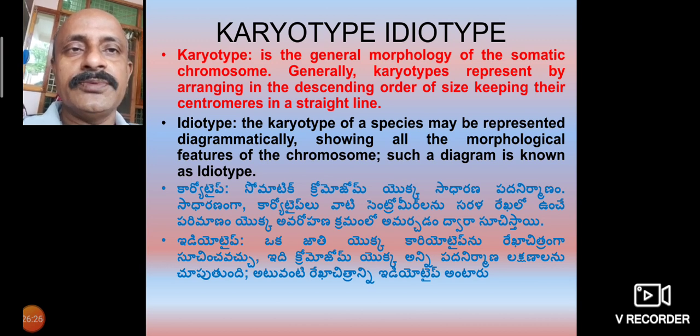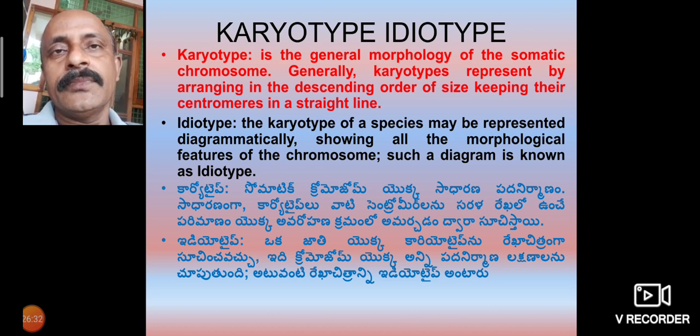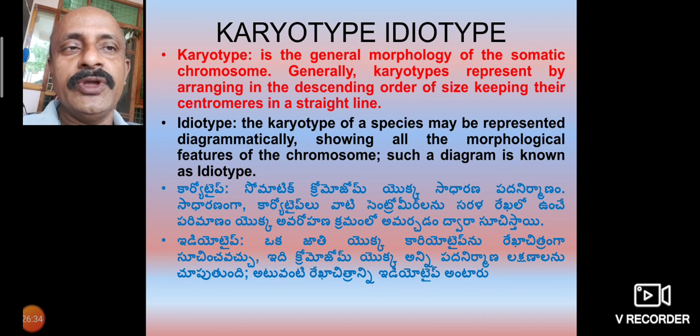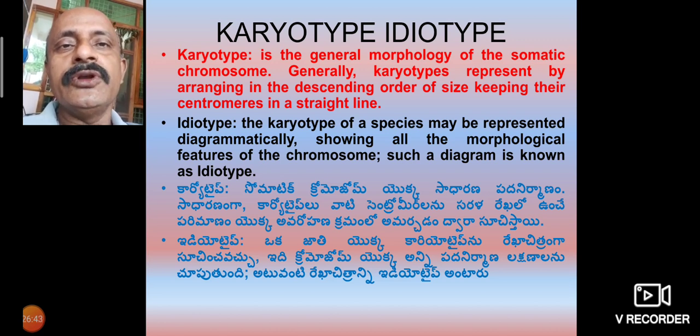But an idiotype means the karyotype of a species may be represented diagrammatically, pictorially, showing all the morphological features of the chromosomes. Such a diagram is known as an idiotype.